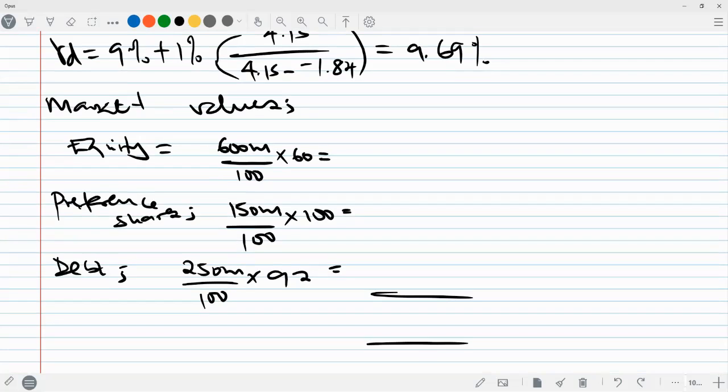Equity market value should be 360 million.